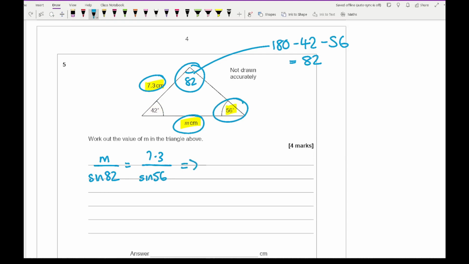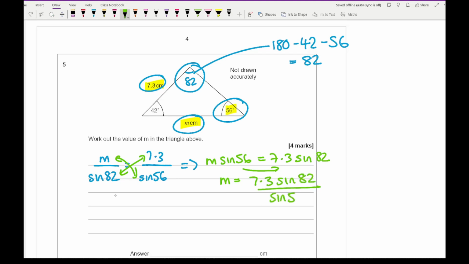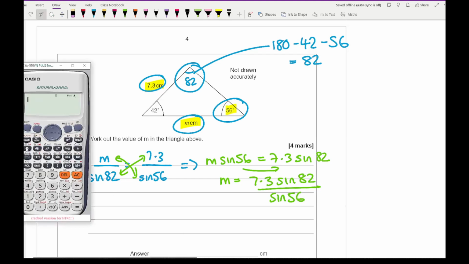So then cross multiplying, I get m sine 56 equals 7.3 sine 82. So then taking the sine 56 over to the other side, I end up with 7.3 sine 82 divided by sine 56, and let me just plug that into my calculator.